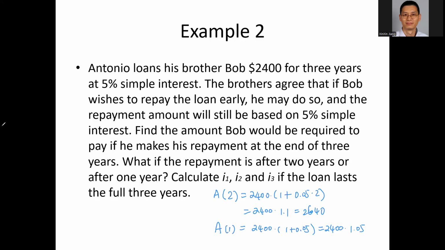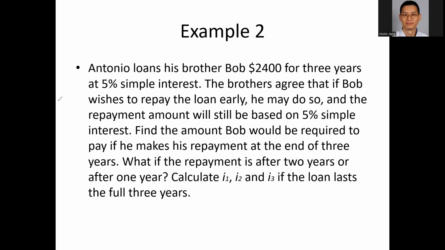Let's work on I1, I2, and I3 if the loan lasts the full 3 years. Remember these numbers will be decreasing. So how can we do that? We can draw a simple line that illustrates the years 1, 2, 3.